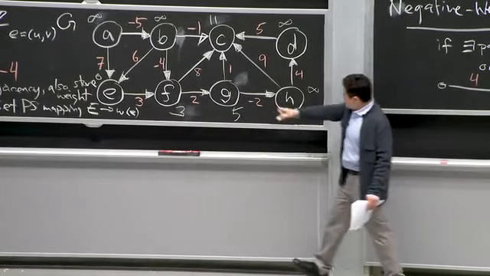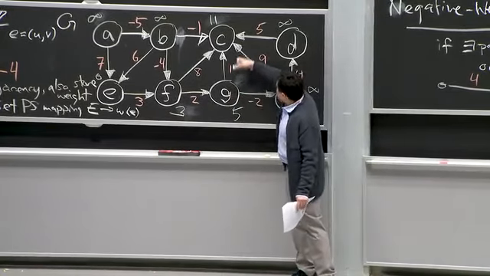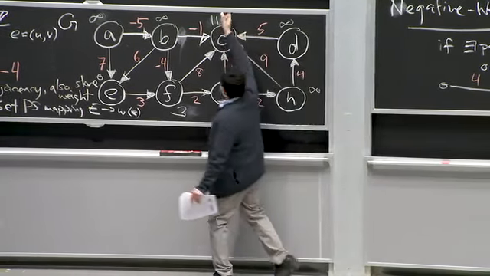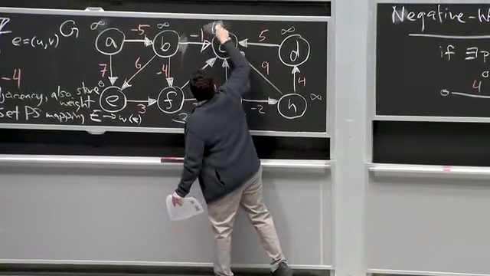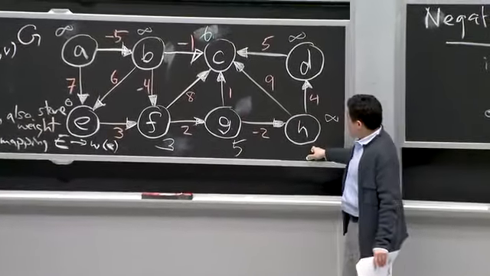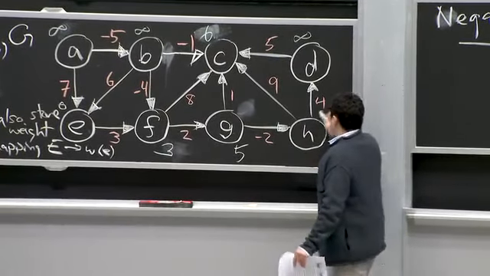Now I keep going in the topological order. G is the next. 5 plus 1 is 6. So we found a better estimate here, so this 11 is not as good. 6 is better, so we replace it. Here, we haven't visited before. It's still infinite, so 5 plus minus 2 is 3.